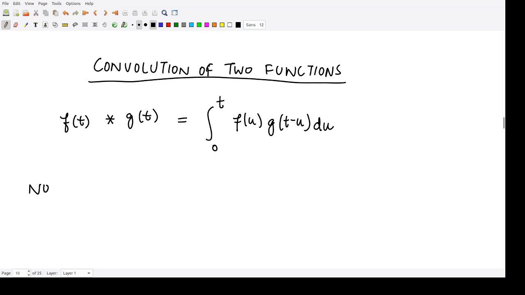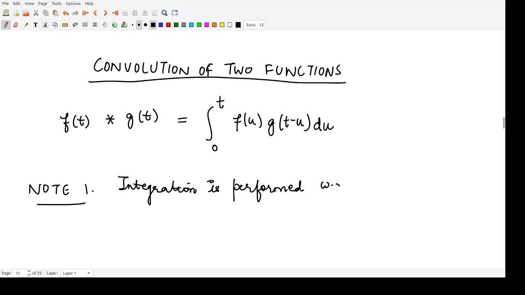Now here you have to note two things. First thing is that the integration is performed with respect to u and not t.